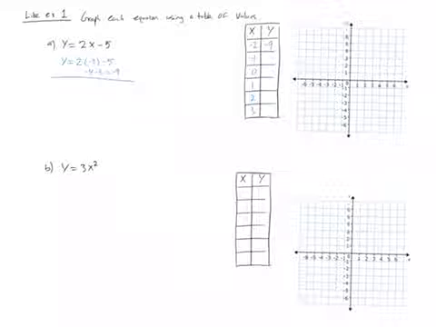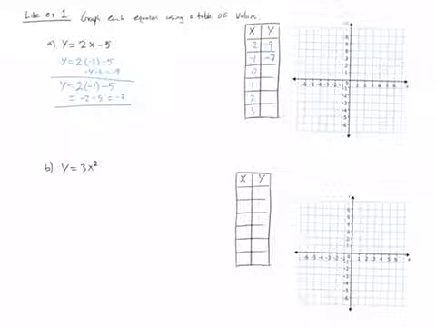Let's try the next one. y is equal to 2 times -1 minus 5. That's going to be -2 minus 5, which is equal to -7. So that's the y value there.